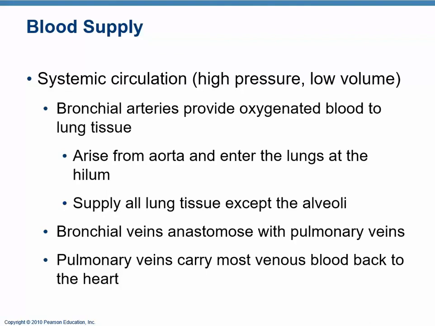But the lungs themselves are living tissue, and they need to be supplied by a blood supply. They need to get oxygen and nutrients from arterial blood. So there are bronchial arteries that supply the walls of the bronchi and the interstitial tissue of the lungs themselves.